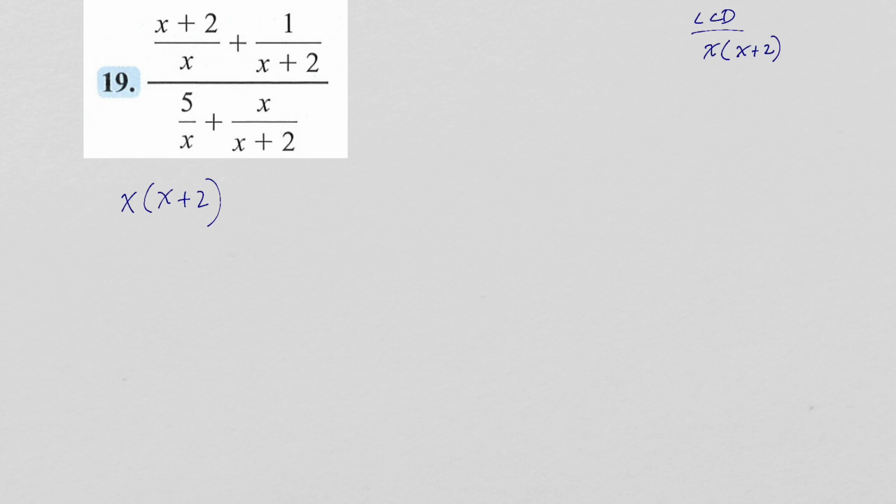So I'm going to multiply first by x plus 2 over x. That's this. Then I have plus, and I'll have my common denominator, and I'll multiply by the next thing, 1 over x plus 2.